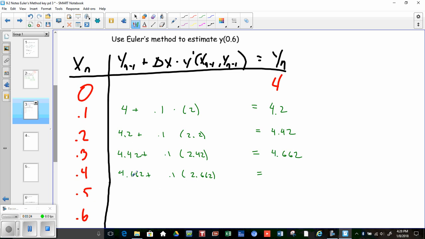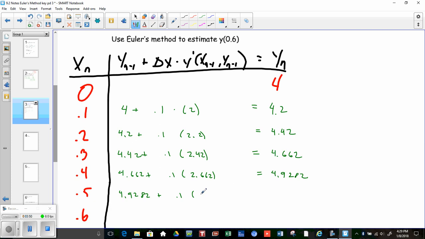It's actually going to be something where you have to do some carrying. You could get 4. What is that? 9282. Yeah, I won't be doing this next one probably without a calculator. So 4.9282 plus 0.1.